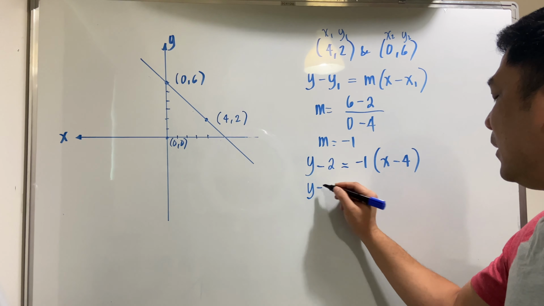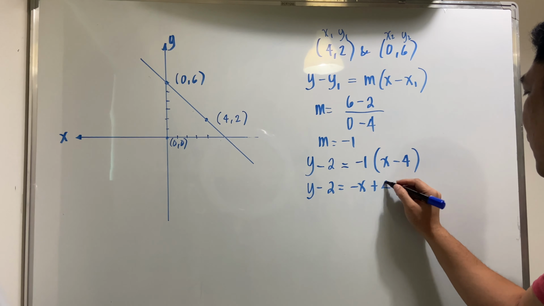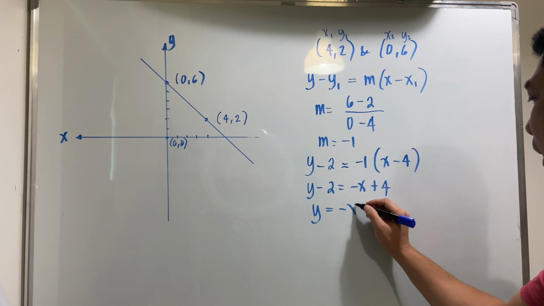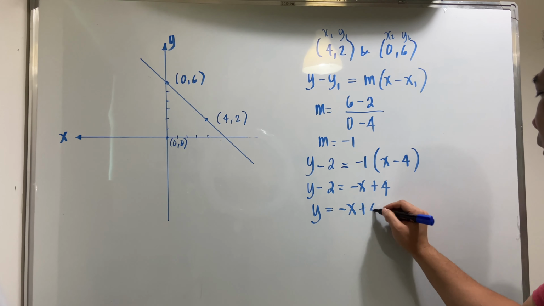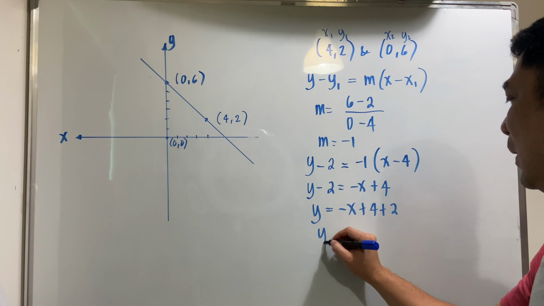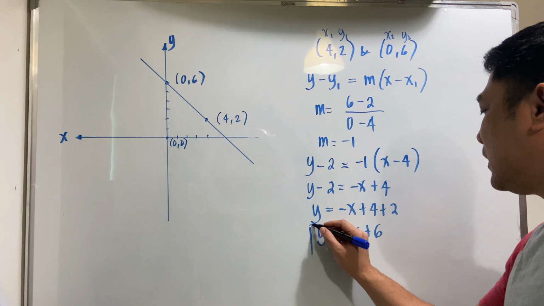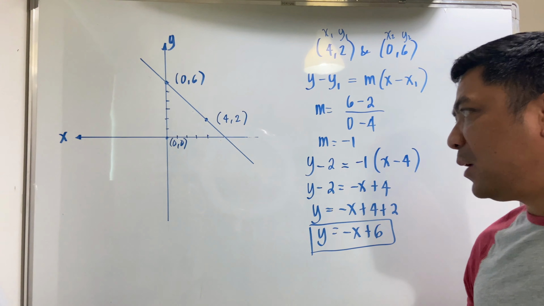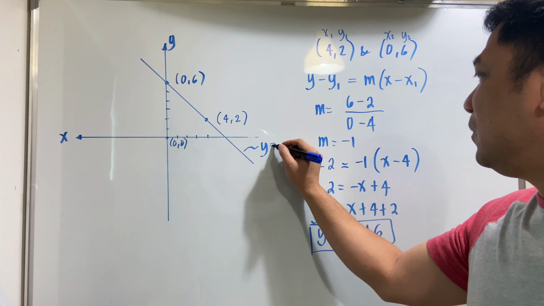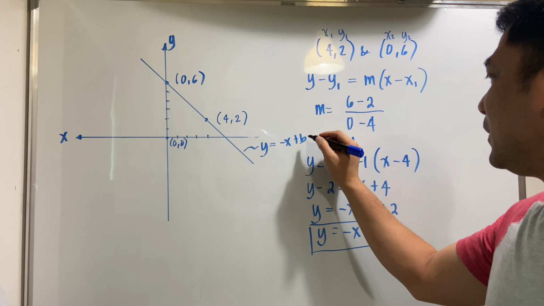So y minus 2 is equal to negative x plus 4. Then move this to the other side of the equation, plus 2. So y is equal to negative x plus 6. So this is the equation of our line. So that means this line has equation which is equal to negative x plus 6.